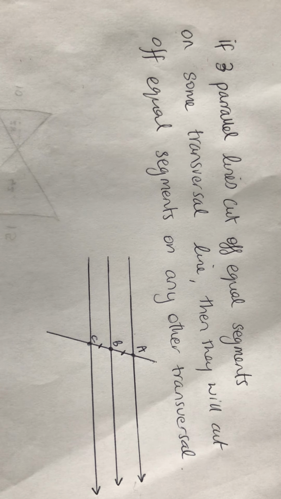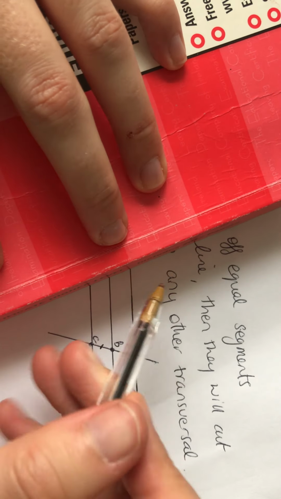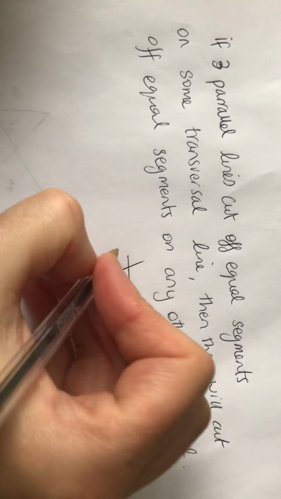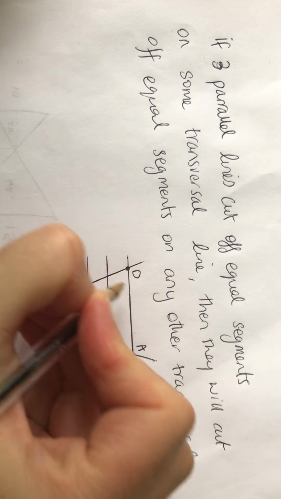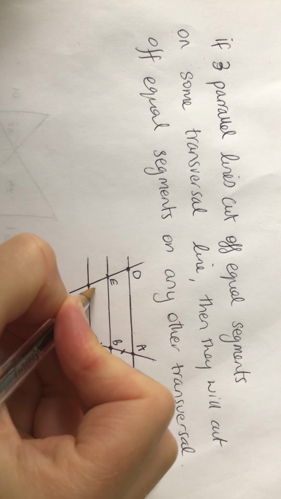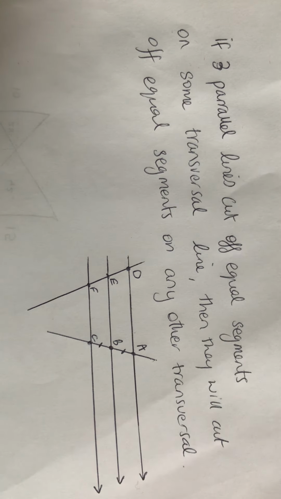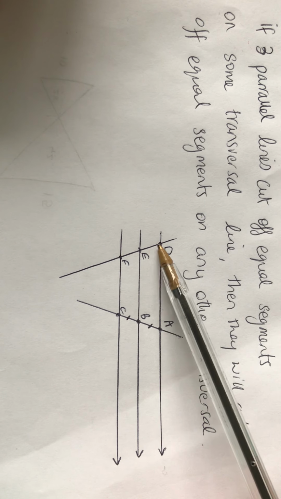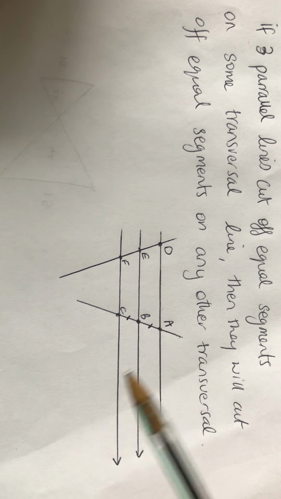So let's draw in another transversal. I'm going to just draw in one here, it doesn't matter. I'm going to call that D, E, and F. So what I'm trying to prove now is that DE is the same length as EF.